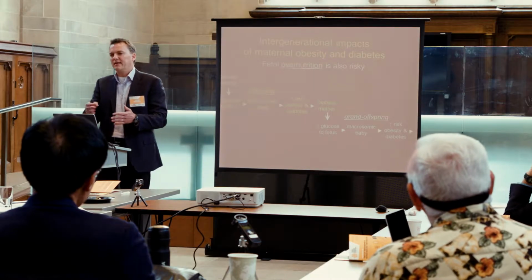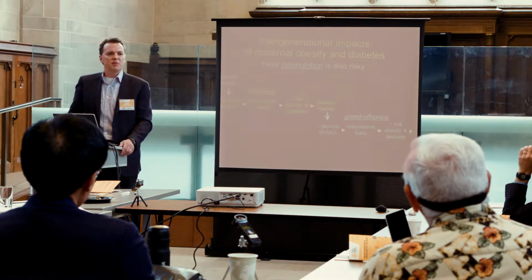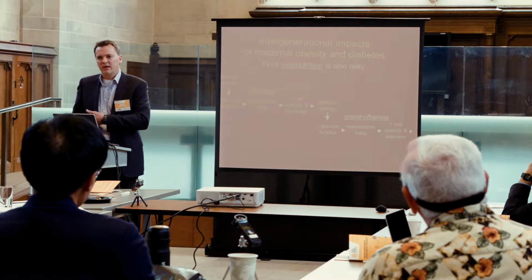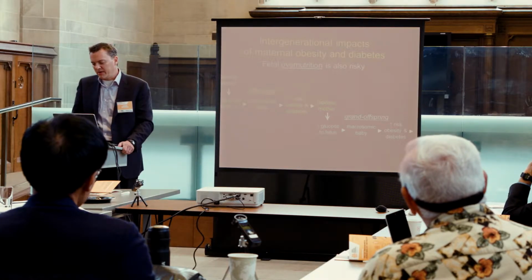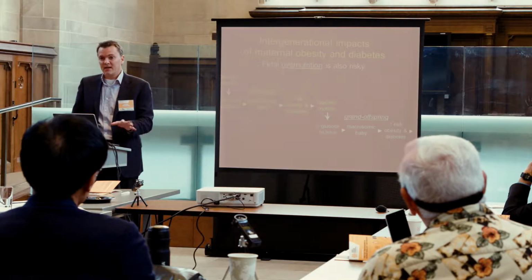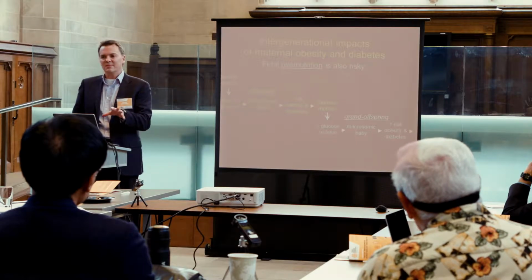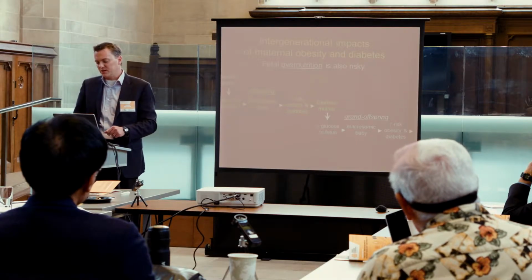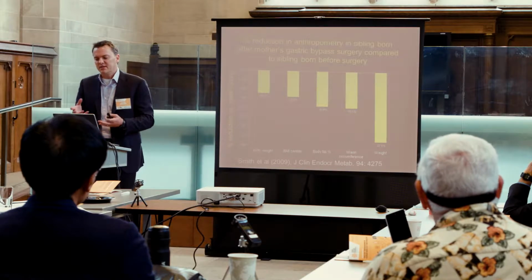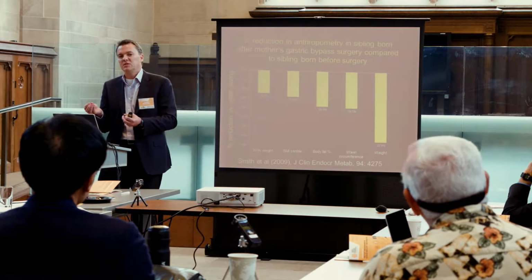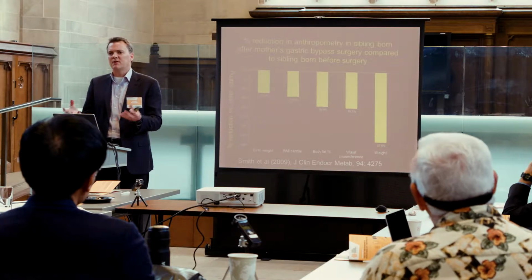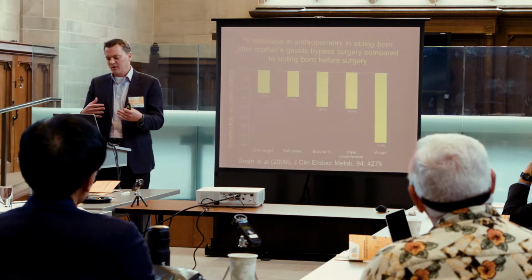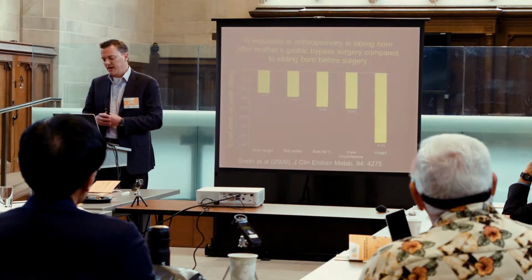Now, of course, you could look at that and say, well, maybe there's just some genetic predisposition, right, that's driving the whole thing that the kid inherits along with the mother. But there are some really, I think, nicely controlled studies that show that there's something about the gestational environment itself that's driving this. So here's a sibling design where they looked at siblings born before and after the mother lost a lot of weight because of going through bariatric surgery, gastric bypass surgery.